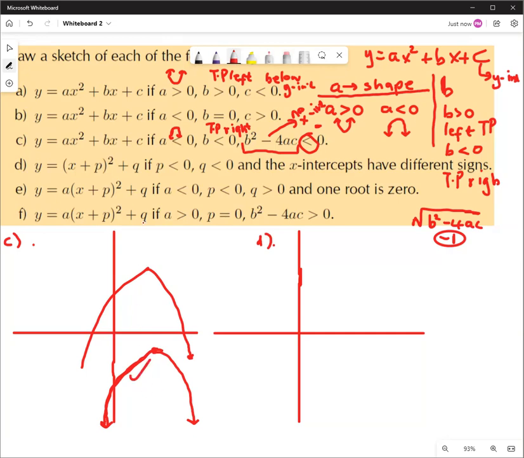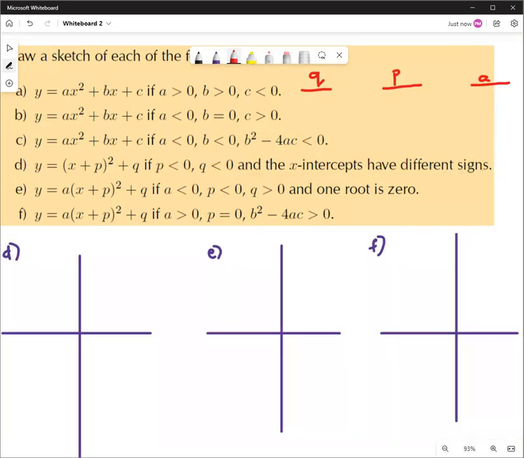Now, before we proceed, I'm going to erase everything and we're going to discuss the effects of letters on the turning point form. Okay. Okay, ladies and gents. So in the turning point form, right?